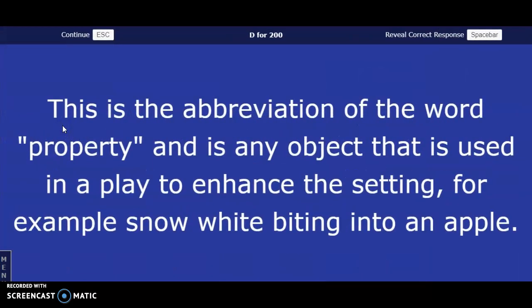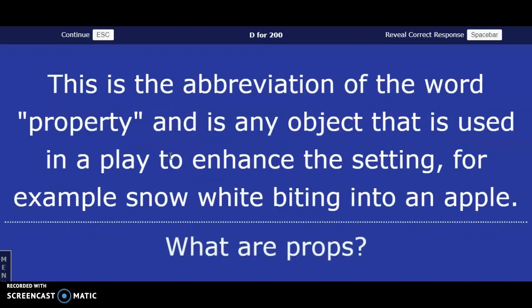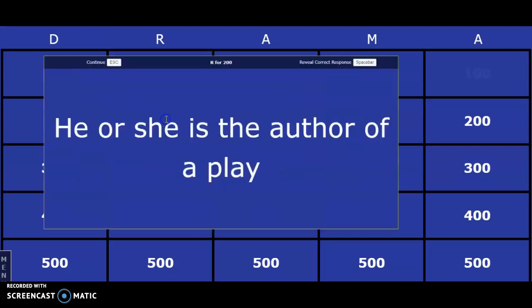D200. This is the abbreviation of the word property and is any object that is used in a play to enhance the setting. For example, Snow White biting into an apple. 3, 2, 1. What are props? R200.